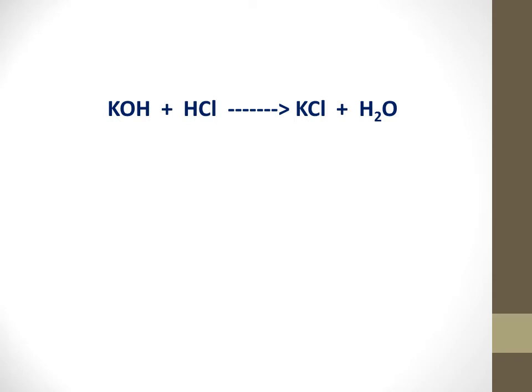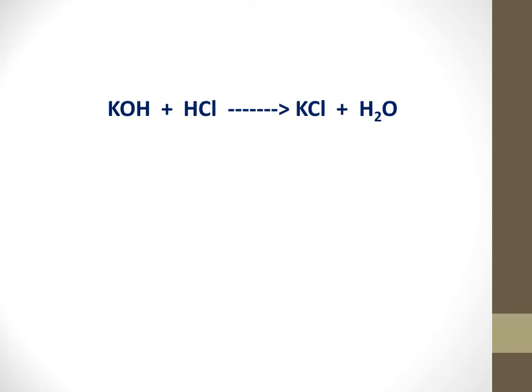Last year you studied it. What is a neutralization reaction? A reaction in which an acid reacts with an alkali or a base to form salt and water is known as a neutralization reaction.